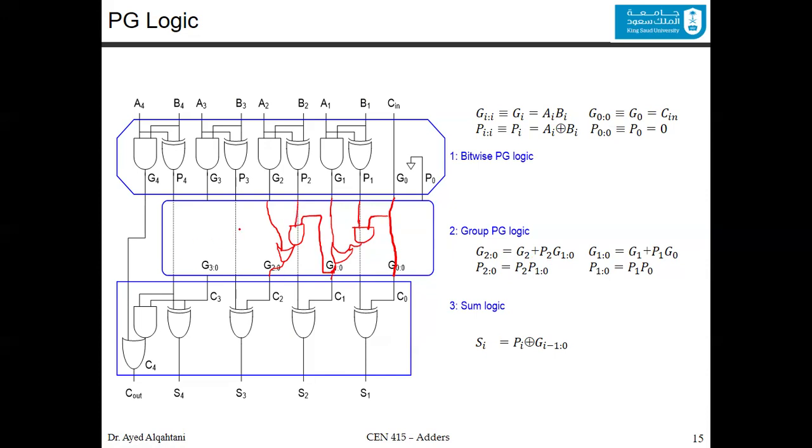Similarly here, you have AND and OR. So it's either generated at 3, or it's the previous generation ANDed with the propagation signal here.